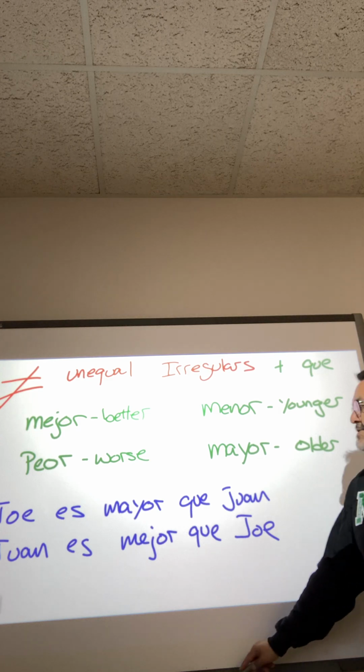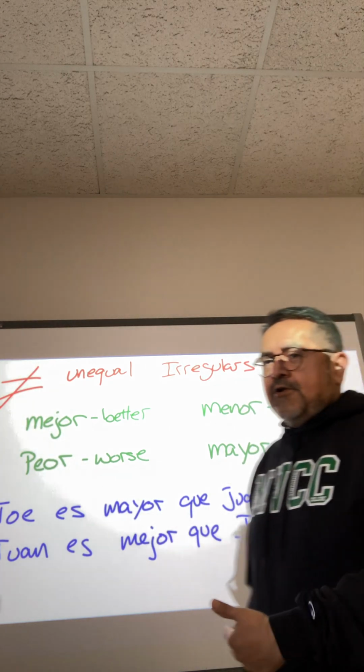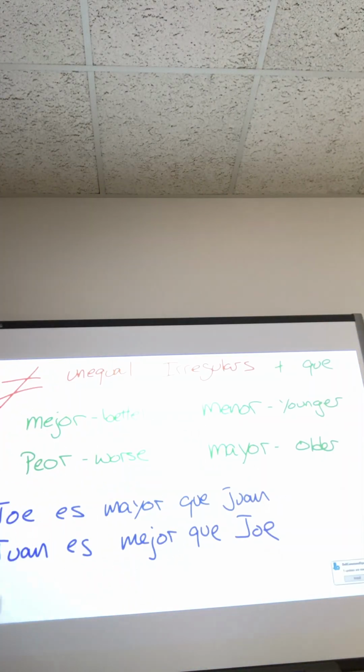So, Joe es mayor que Juan. Joe is older than John. Juan es mejor que Joe. Juan is better than Joe. It's irregular because we're not adding anything else to it. We're just saying better or worse or younger or older. Okay?